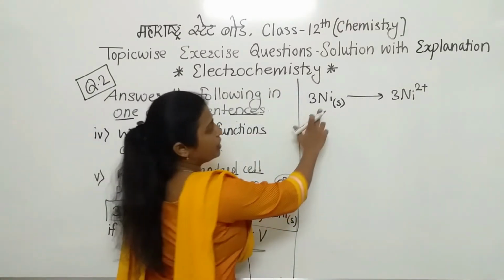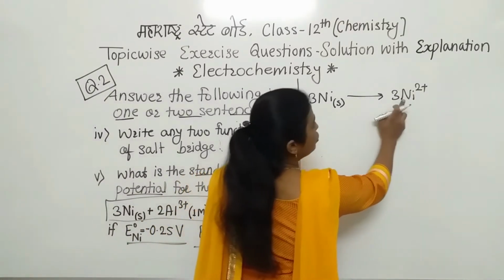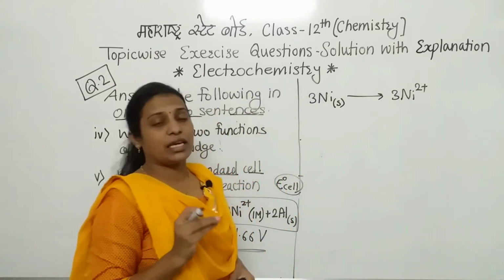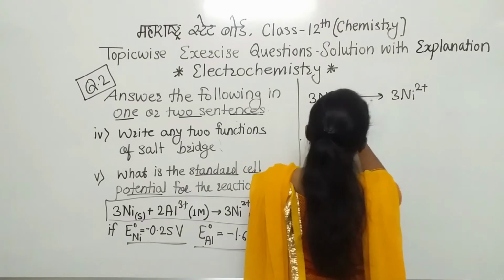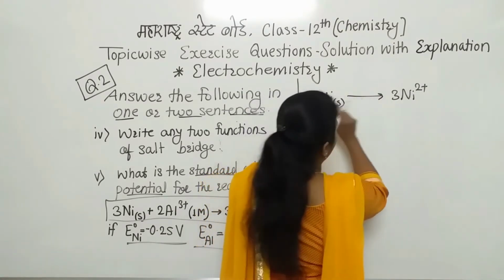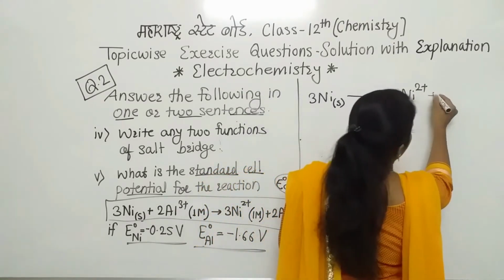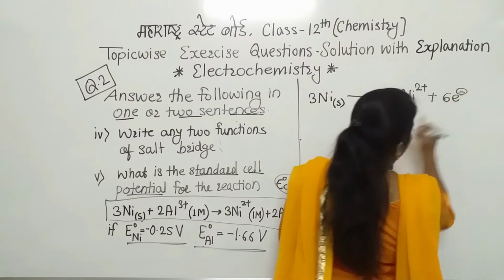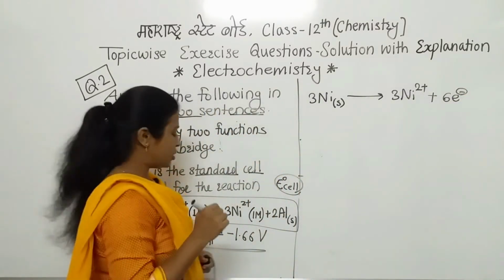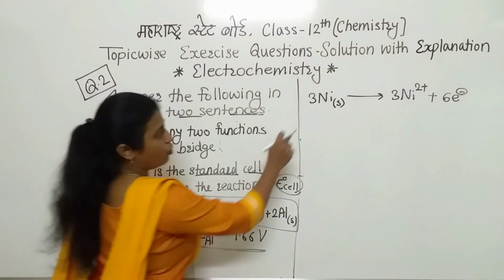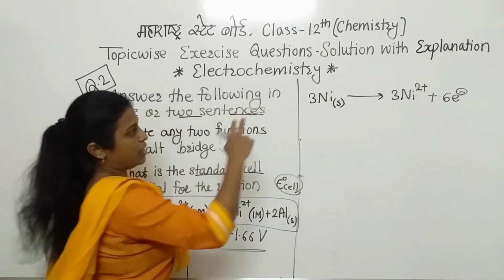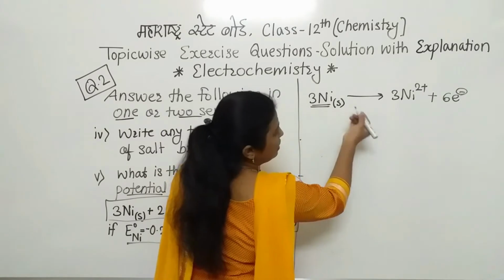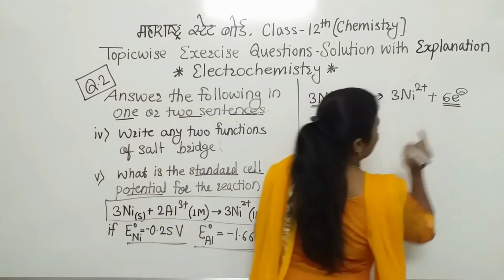If we consider the conversion from nickel to nickel 2 plus, there is a loss of electrons. When there is a transfer from Ni to nickel 2 plus, there is a loss of 6 electrons. Okay, one thing is done. Next, for each Ni, nickel has lost 2 electrons, and in this way for the 3 nickel there is a loss of 6 electrons.